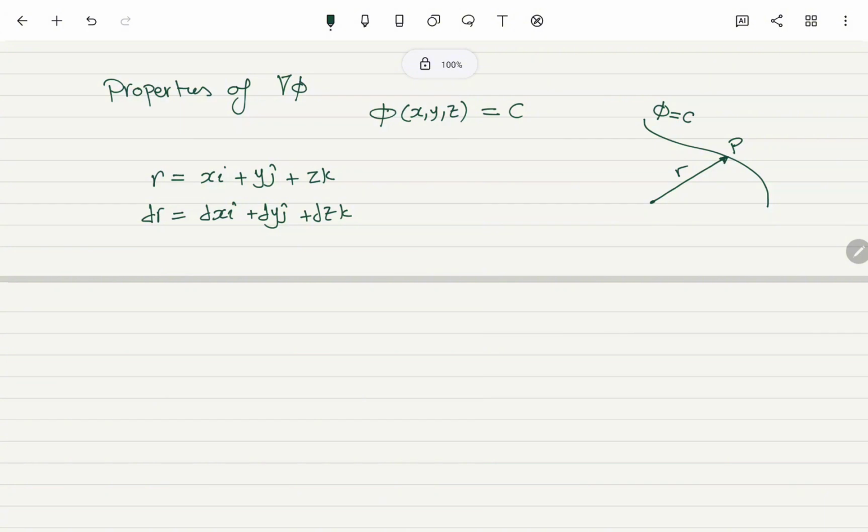Since phi is constant, d phi is equal to 0, or we can say that d phi equals gradient phi dot dr, which equals 0. From this we can conclude that gradient phi is perpendicular to dr.